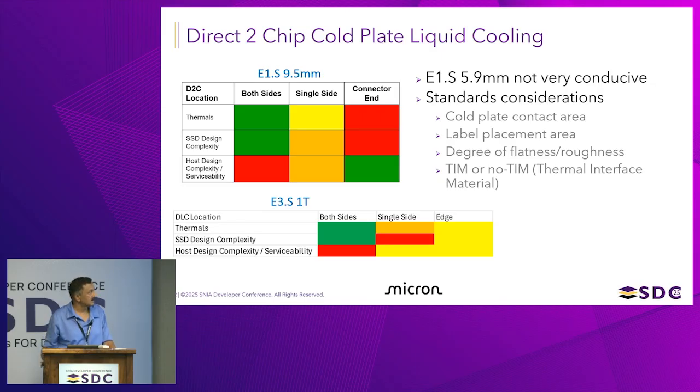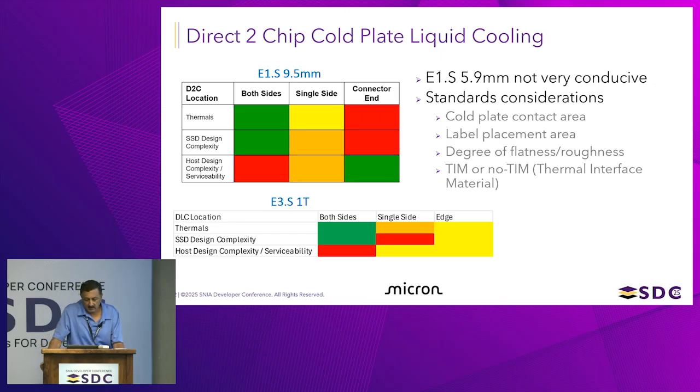On the other side, the connector end cold plate doesn't do as well on the thermals, but it's easier on the host side. And so the single-sided is somewhere in between. It's not perfect, but that's one of the areas that's potentially deployable in the near future with respect to being able to cool it. It puts some challenges on the SSD to be able to transfer the heat from the bottom side to the top side and do that effectively.